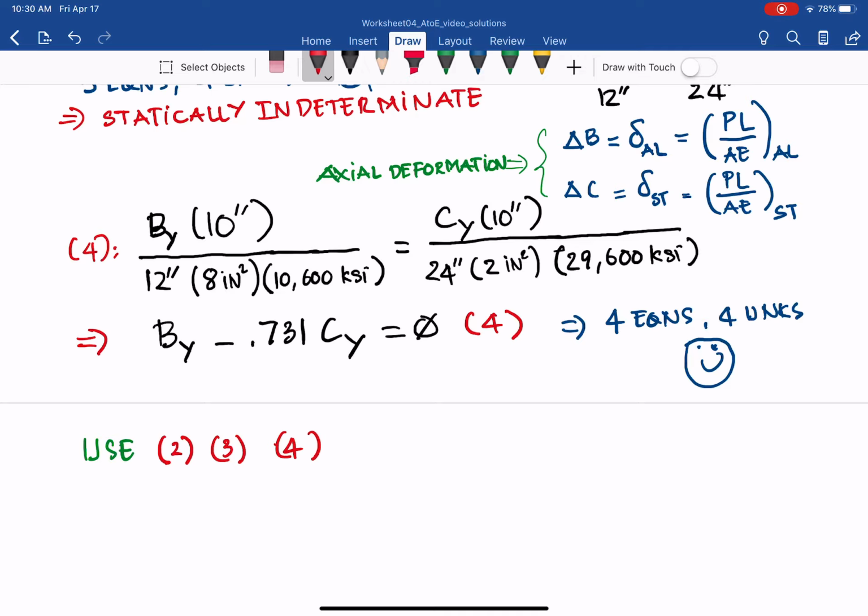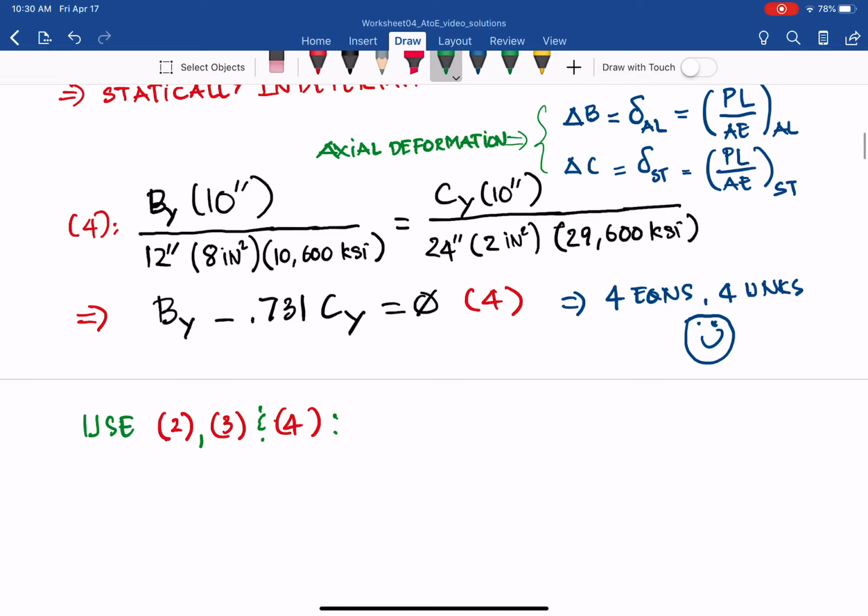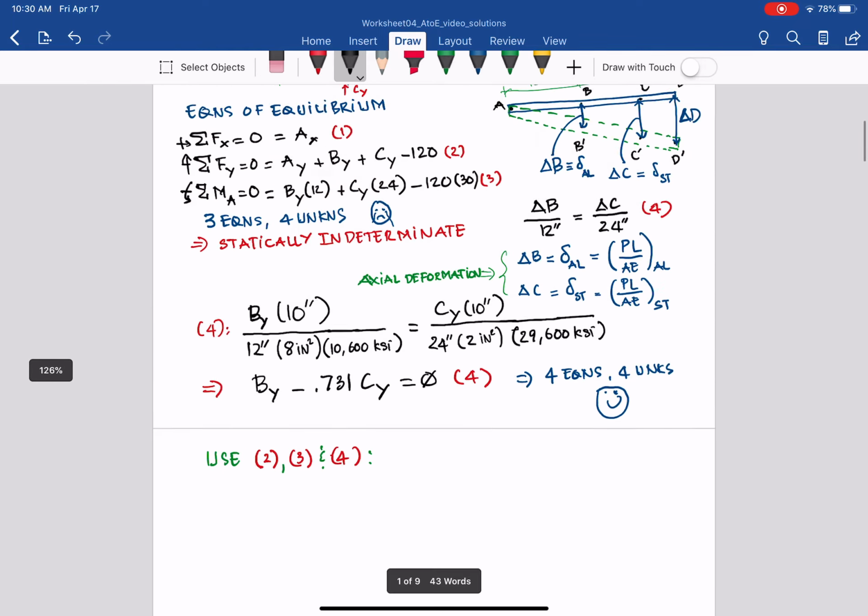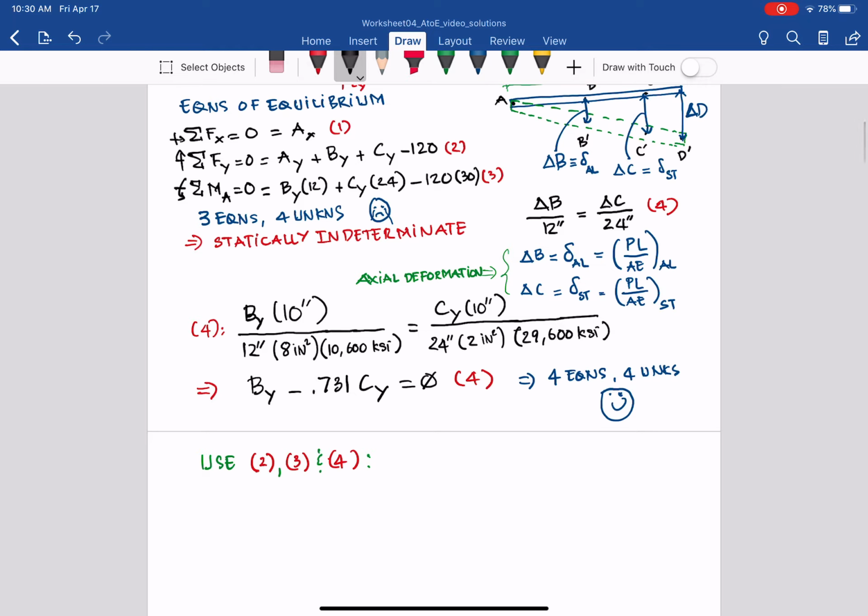Set up those equations in the calculator, with the matrix, as you can see there.